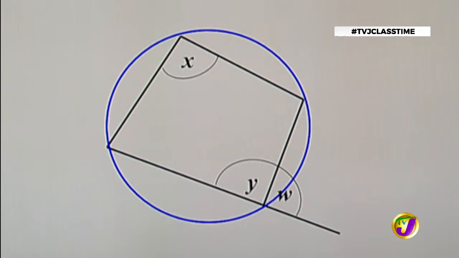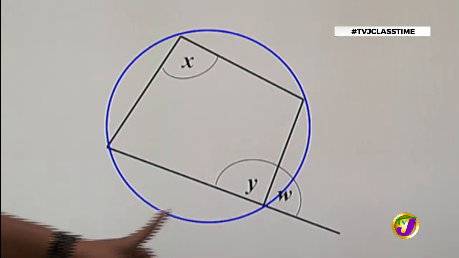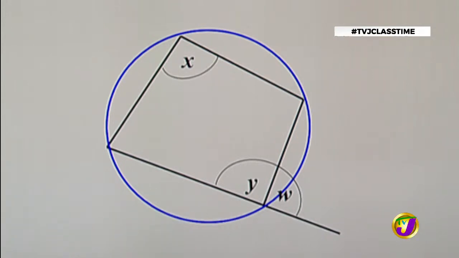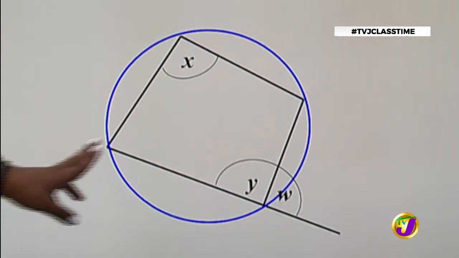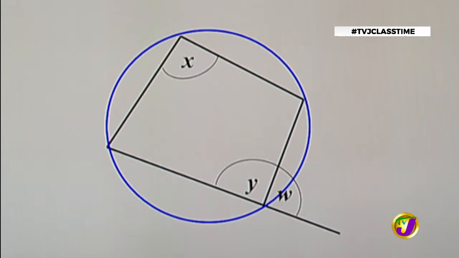I'm seeing one angle that lies on a straight line. So y and w lie on a straight line here, so they are supplementary. And I'm also seeing an angle at my circumference, angle x. So we're trying to identify some of the relationships here between angles x, y, and w.